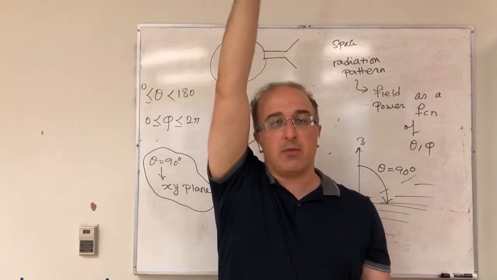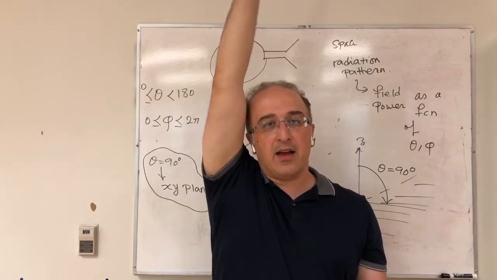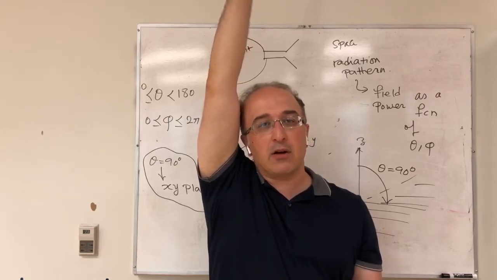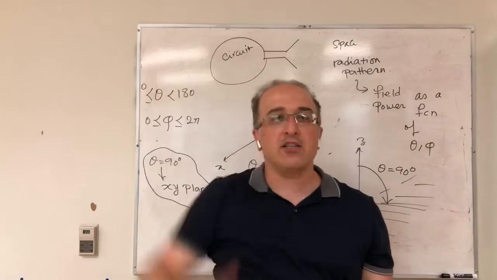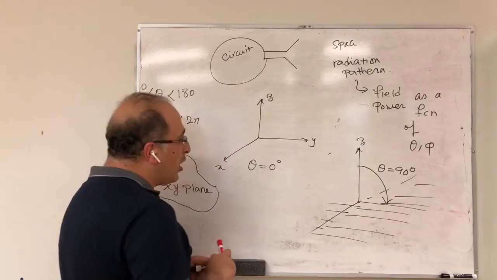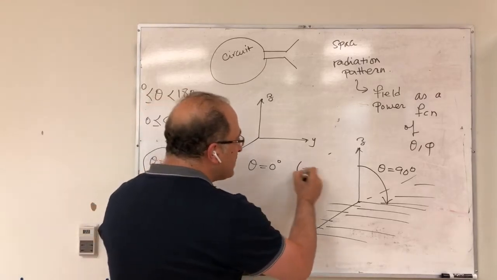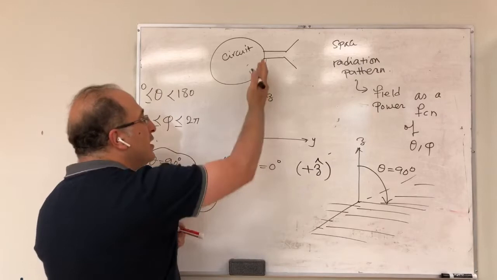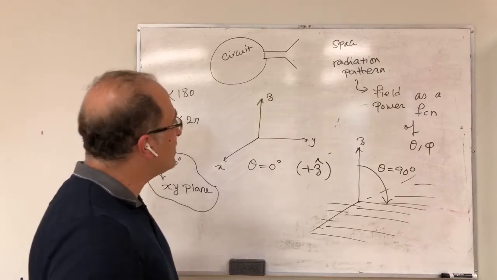So if you consider my hand as pointing to the observation point, now theta equals 0. And this is only one direction. So when you say theta equals 0, that means you are looking toward positive z hat. And z hat means unit vector along the z-axis.